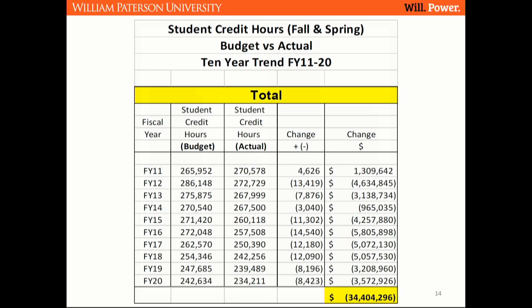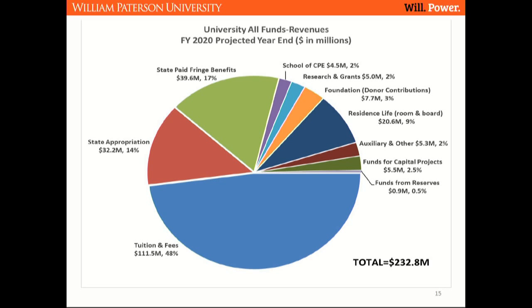Now, there's a lot of information in the PowerPoint. I won't go into detail; this is really providing the distribution of revenue. You can look at the PowerPoint that's online. I've presented these before. This is a distribution of revenue that the university gets from all the different components: state, grants, auxiliaries, and so forth.